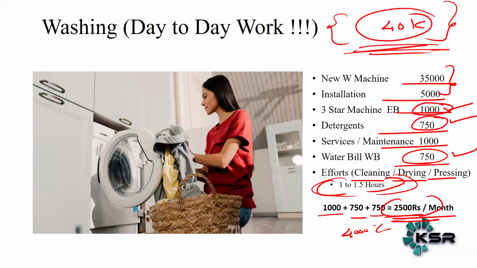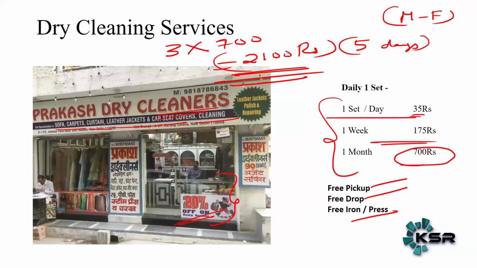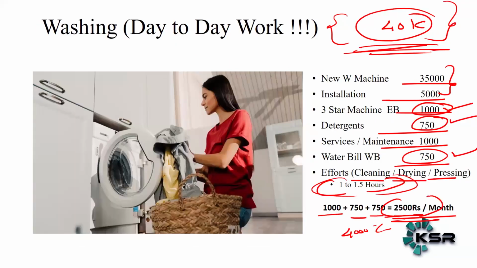Am I paying 40,000 or 50,000 advance for washing my clothes? No, right? If you use the same system for 5-10 years, how much will you be spending? This 700 is just one portion of what you're spending monthly, so I'm already saving two-thirds. Apart from that, I'm saving this too.